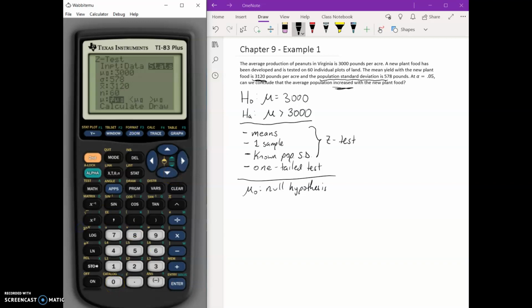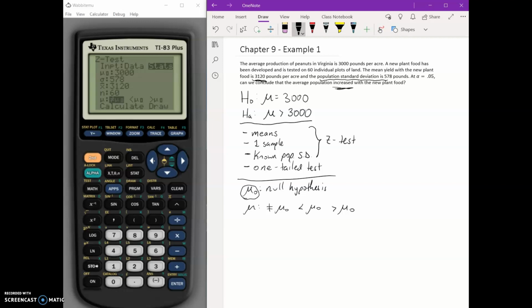So when we choose this mu, this last option, this is going to be determined by our alternative hypothesis. So this mu option we have is either going to be not equal to mu sub 0, less than mu sub 0, or larger than mu sub 0. So our mu sub 0 is some number that we've plugged in.